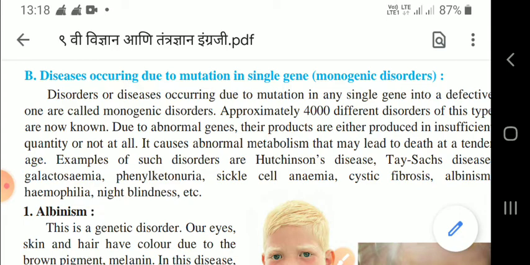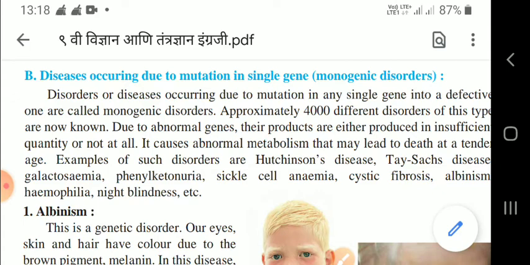If it is by a single gene, then it is called mono. Mono means one. Genic means genetic disorder. Nearly 4,000 diseases are there, produced by either defective or insufficient quantity of a gene product. It causes abnormal metabolism that leads to death also at a tender age. Tender age means very young age. It may cause death also.